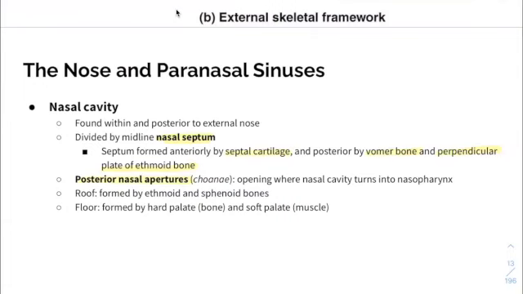The roof of your nasal cavity is made up of the ethmoid and the sphenoid bones. And the floor is the hard palate, which is made up of the palatine bone and the maxillary bone. And then we also have soft palate muscles that make up part of that floor as well.